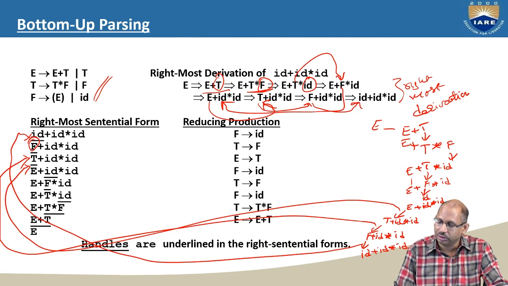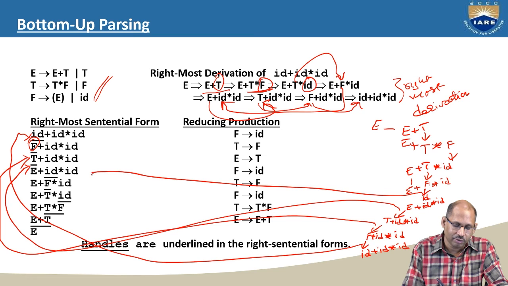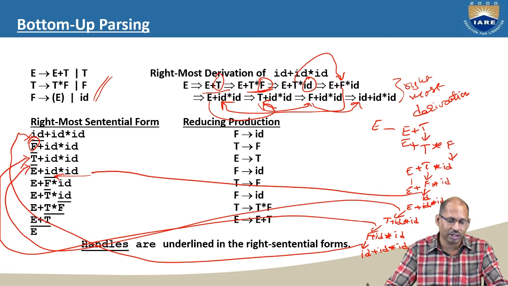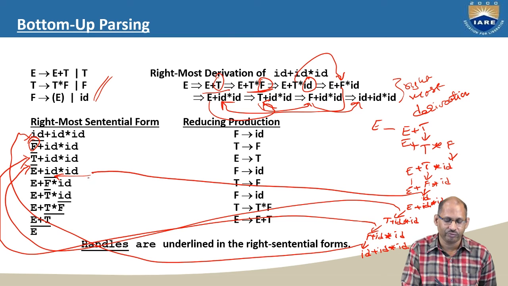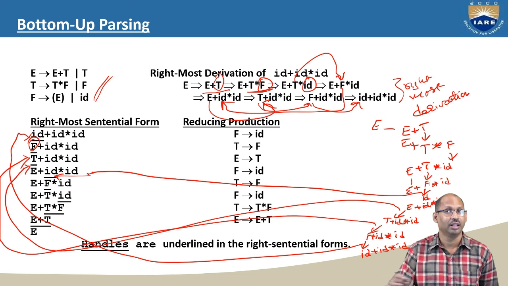Then F gives id. So here id gives F. This step, id gives F. Right?